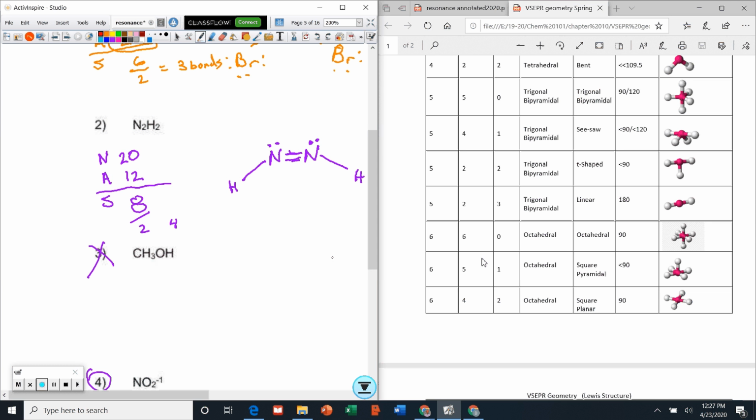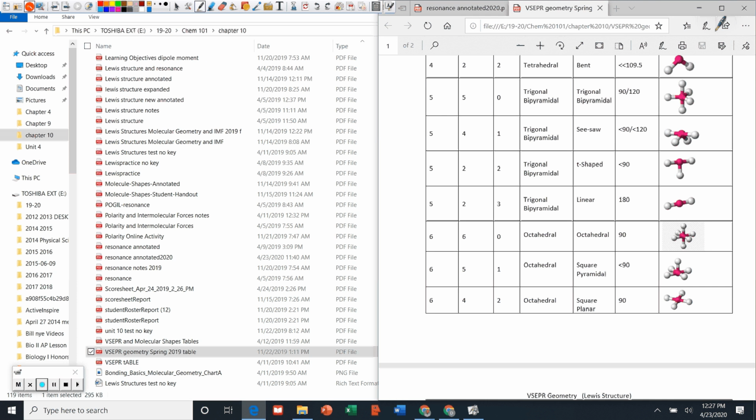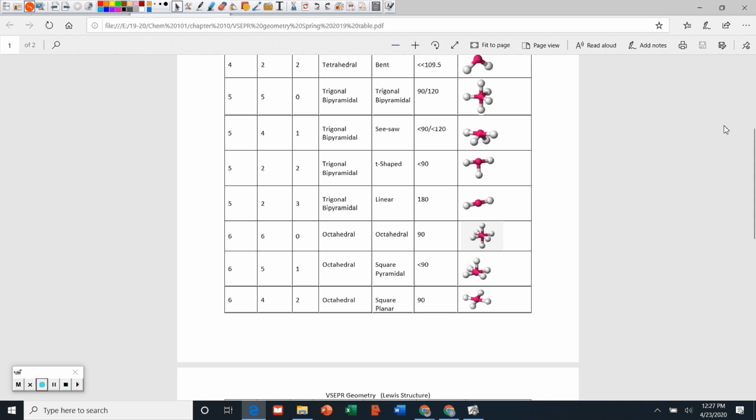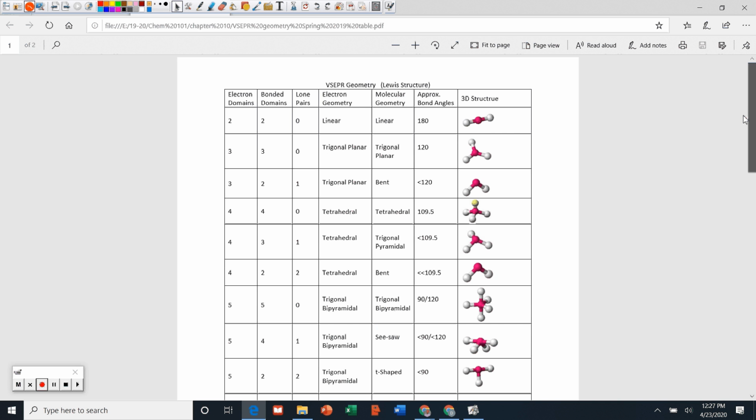So what we have to kind of look at is what about the shape makes it polar or non-polar. All right. So I'm going to actually help you out on this. Let me grab this so that I can expand this out completely. All right. So I'm going to kind of show you on this sheet right here some things that make you do that.